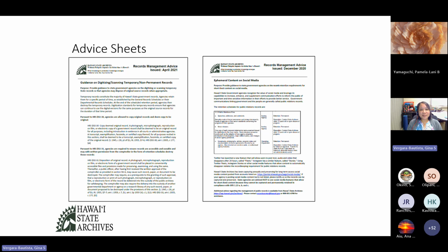There are instances where scanning is not the solution to your problem, and you might consider moving forward scanning, but not scanning backwards, meaning records that were created 2, 3 years earlier. You might also consider changing your processes so that you don't create paper and then have to scan it. You start off having a digital system to manage your records.